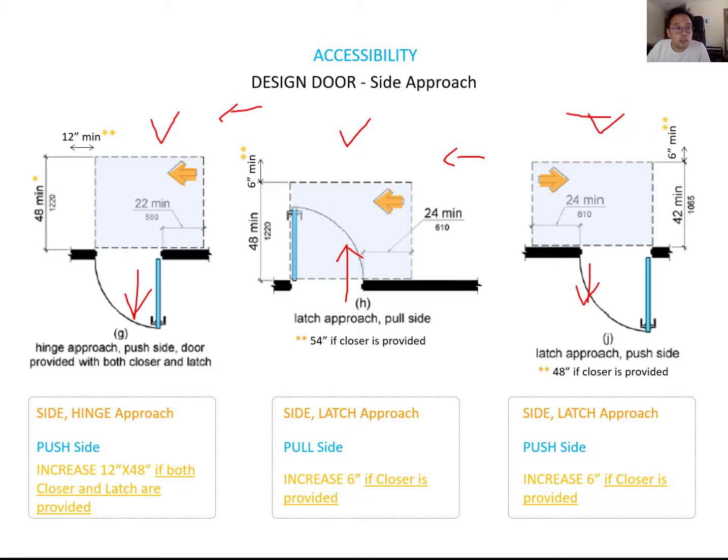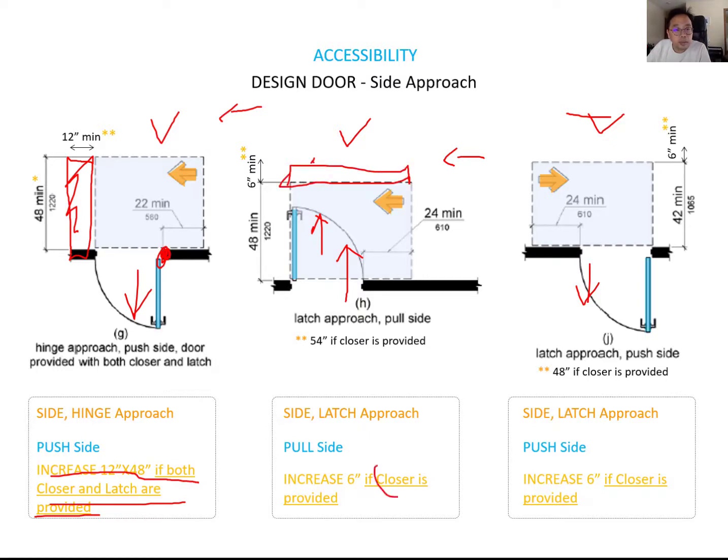So if you have a side and hinge approach, you have a hinge here. In this case, you have to provide an extra 12-inch by 48-inch if both closure and latch are provided. So it means you have to provide extra space if your door has the latch and closure. But if you have a pulling side, in this case you have to provide an extra 6-inch if you have a closure provided.